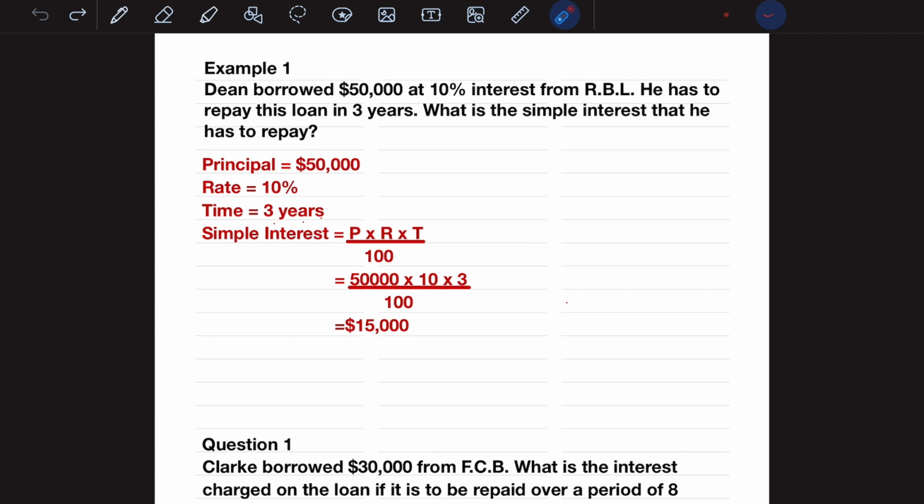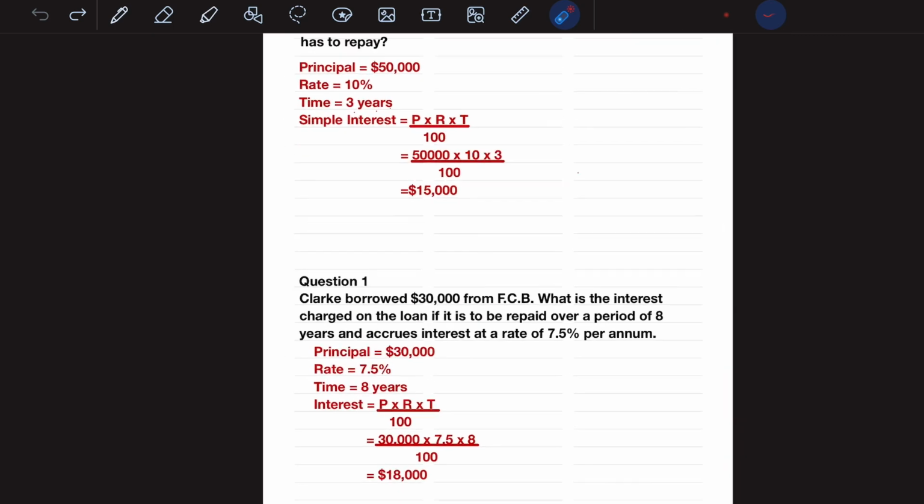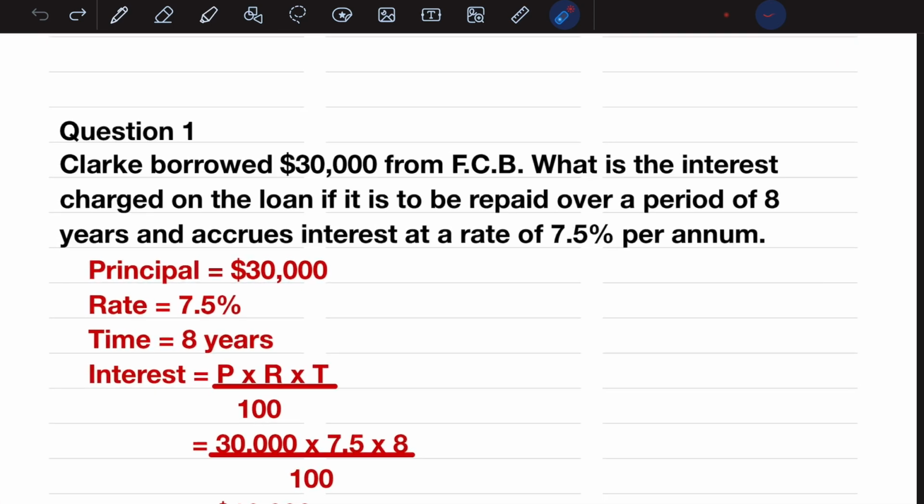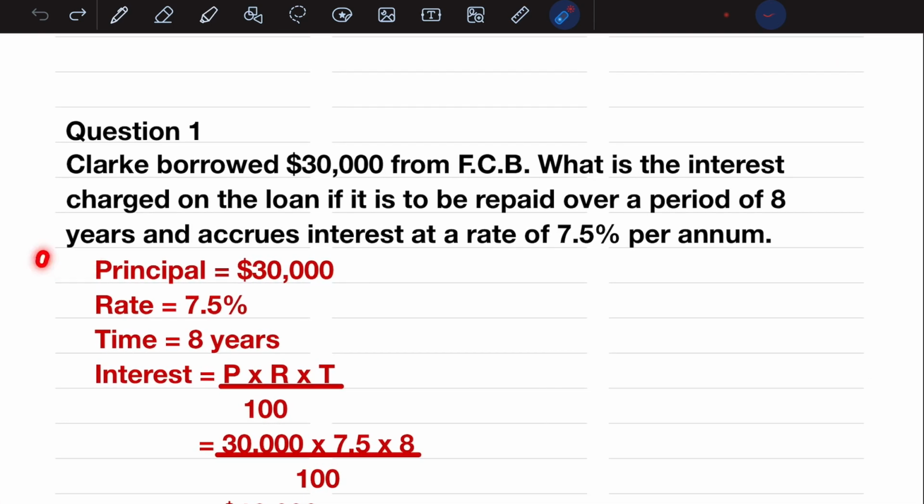All right, let's correct question 1. So again, we identified the principal, the rate, the time, until we can determine the simple interest. Principal, rate, and time. 30,000 times 7.5 multiplied by 8.